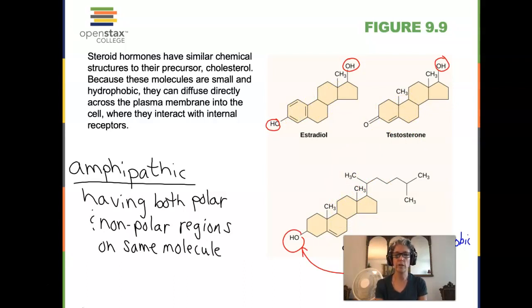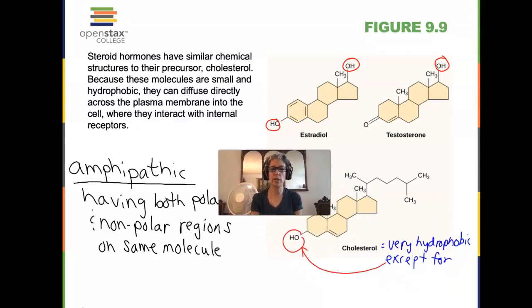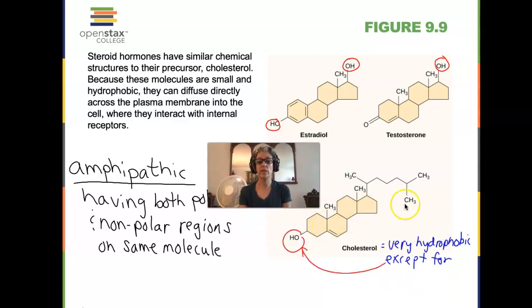I'm going to move myself so that we can see what I've written on the last one, and that is cholesterol. It has a very large hydrocarbon chain that sticks off of its 5 carbon ring. It has a double bond in this ring as opposed to that one, and it has the single hydroxyl functional group.